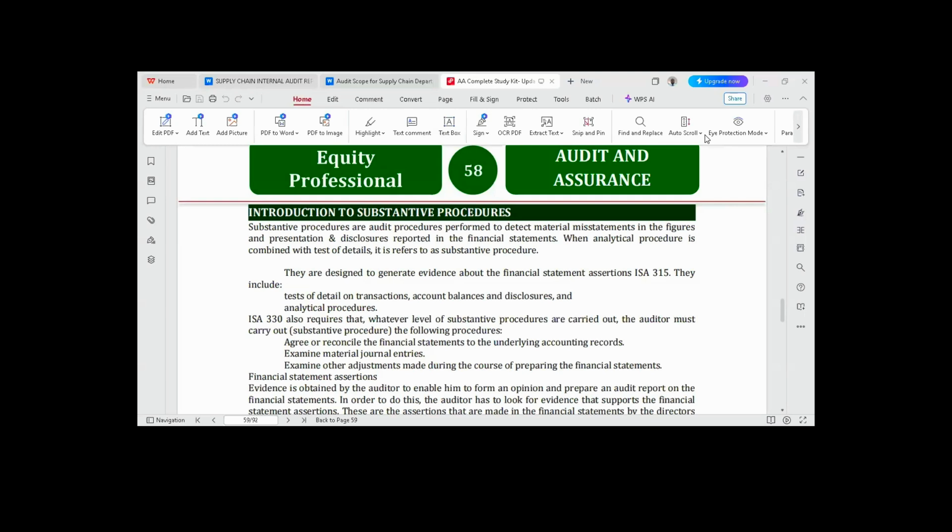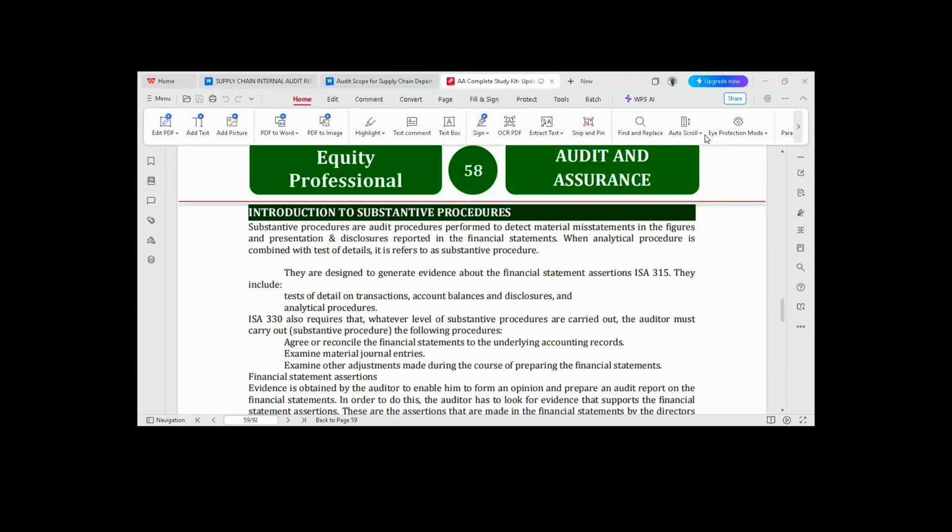Because you are trying to clear that doubt about the effectiveness and efficiency of the client's internal control system. Okay? Now, in this test or procedure, what you do is that you are going to take a step ahead.